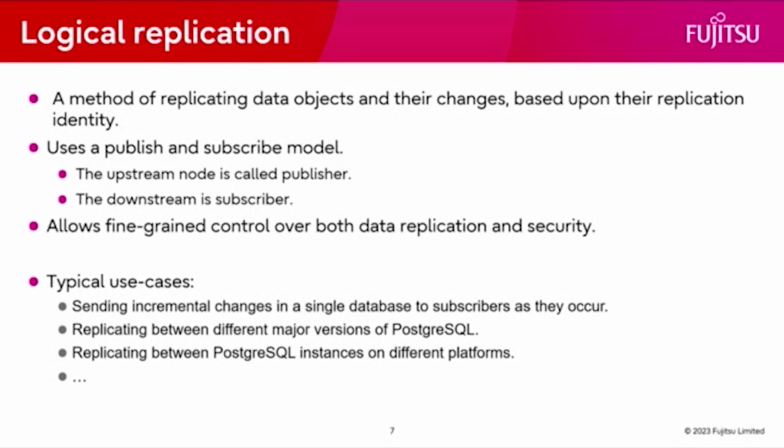Compared to physical replication, logical replication allows fine-grained control over both the data replication and security. So users can choose which operations are transferred or not. The Postgres documentation records some typical use cases for logical replication, such as sending incremental changes, replicating between different major versions of a platform, and so on.